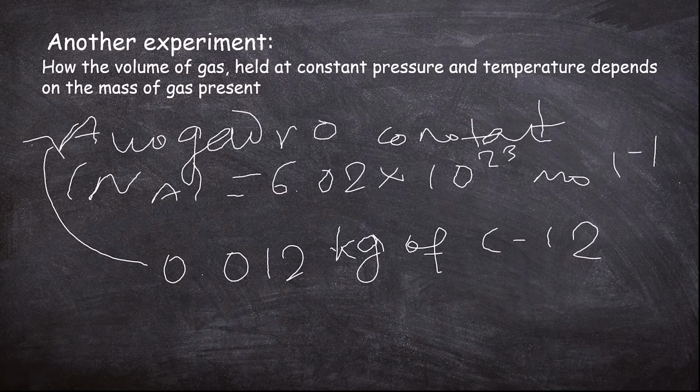So that's it. It's the number of atoms in a mole of atoms. It has a value of 6.02 times 10 to the power 23 per mole. You'll study this in chemistry, so you don't have to worry about this in physics.